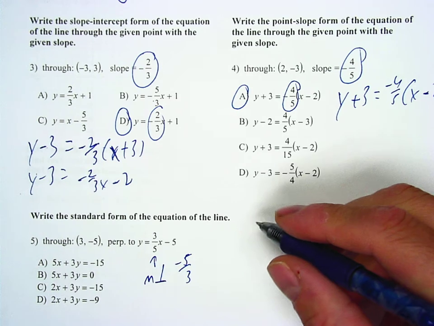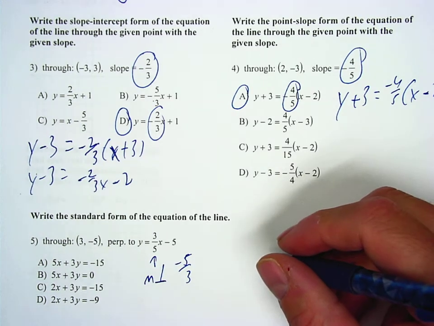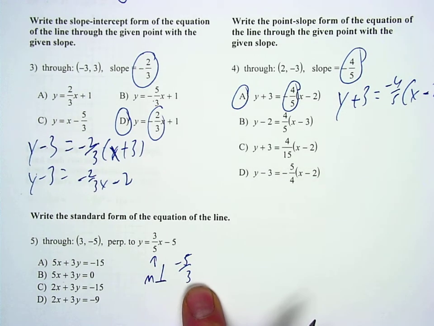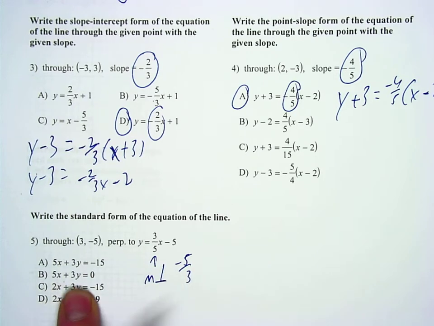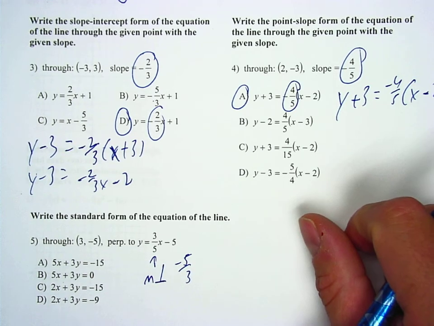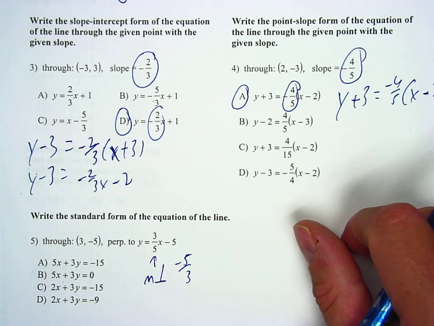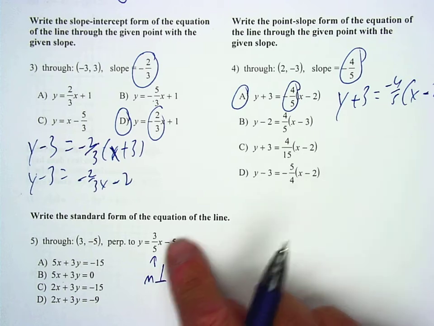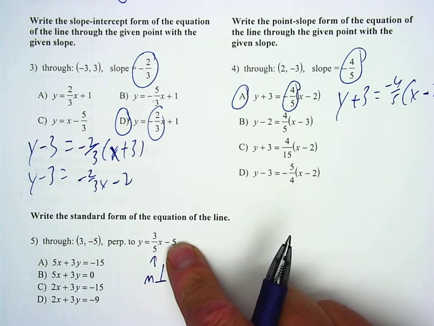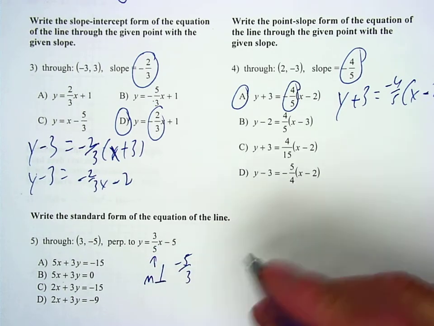And then you need to do the point slope form and convert it into standard form. Now you could use this as well to get your coefficients, 5 and 3, coefficient of x, coefficient of y. Or also, there's another option here where you can use this equation as well. But I think this is the quickest one.